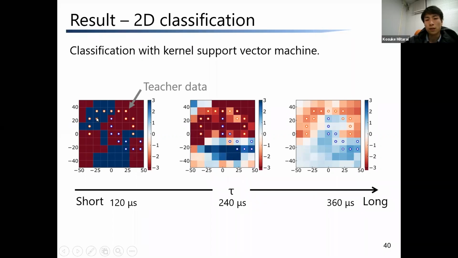These dots are teacher data to be classified, and we used the experimental NMR kernel to form this classification. And at this long tau, we could correctly classify all the data points. Well, this one is not correctly classified, but most of the data points are.